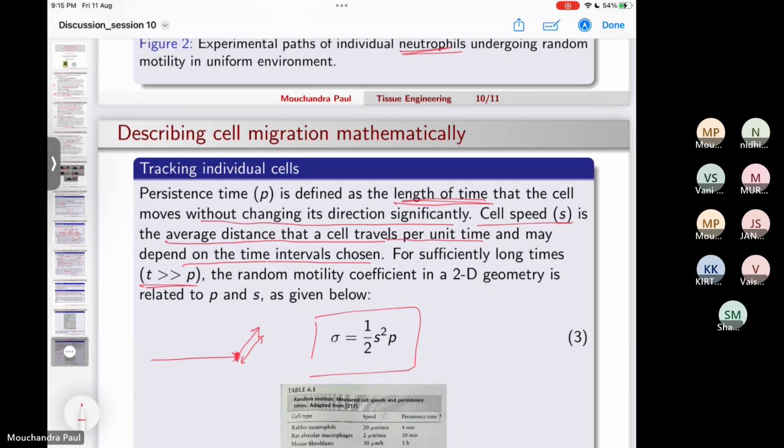There we talked about random motility and the random motility coefficient. Here, since the motion of the cell is completely random, the other two effects are negligible, so we are only taking the random motility effect. The random motility coefficient can now be related to the persistence time and the speed of the cell using this particular expression.